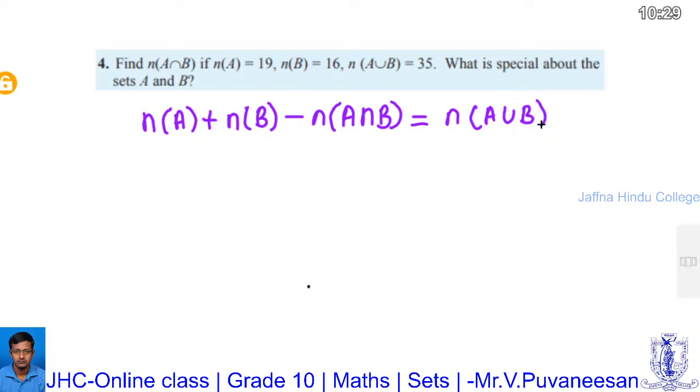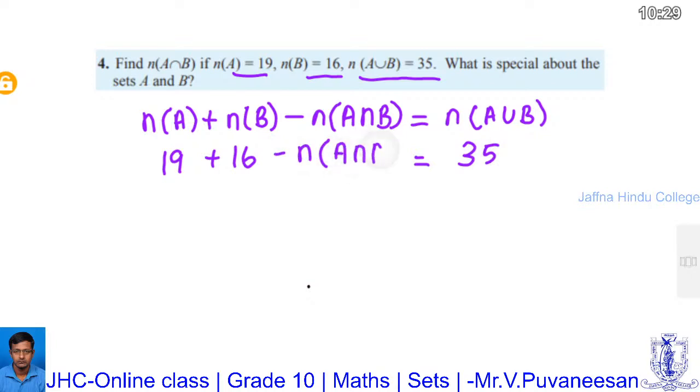This formula you should memorize. Number of A 19, number of B 16, A union B 35. We need to find number of A intersection B. 19 plus 16 equal to 35.